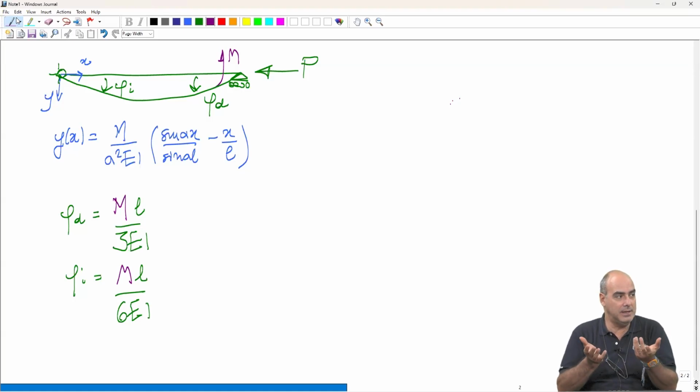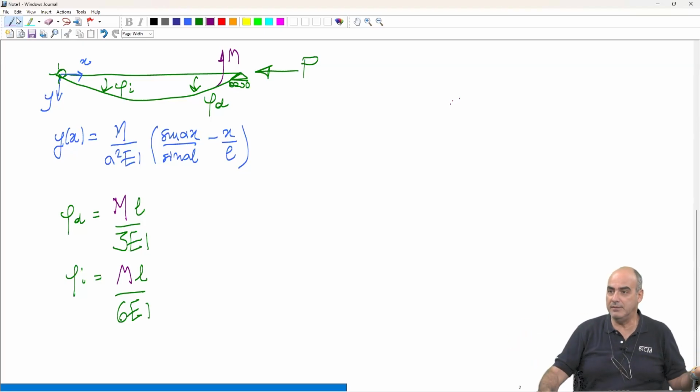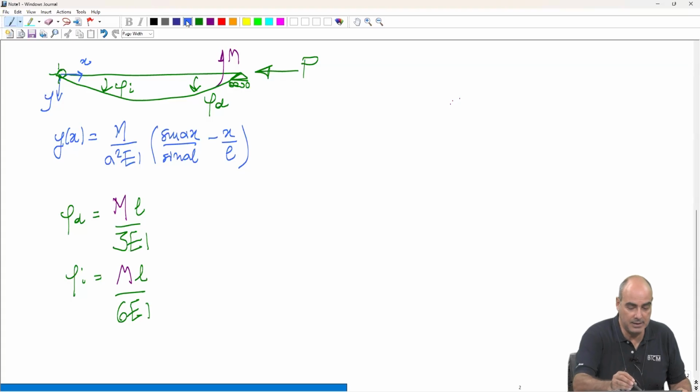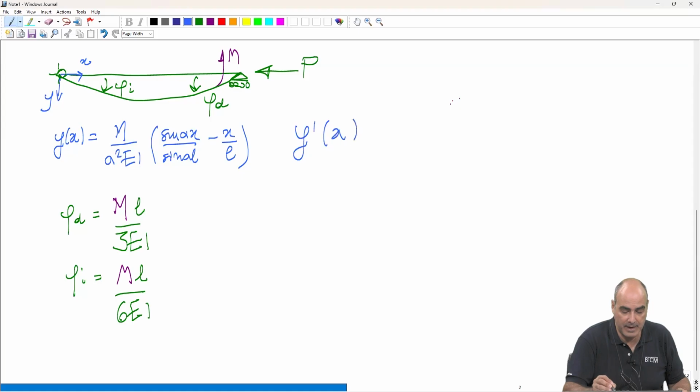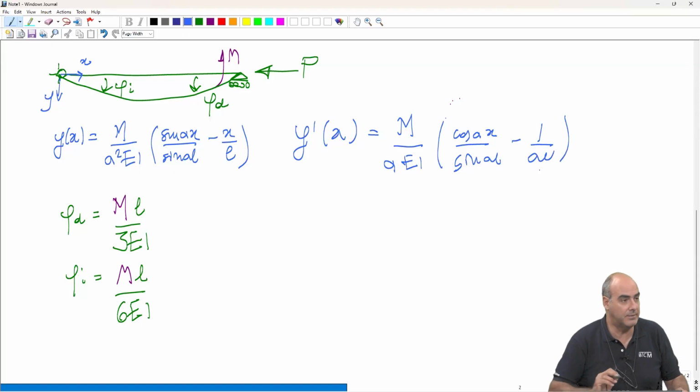If I want to calculate the rotation, what shall I do? Just calculate the derivative, which is y prime of x equals M over alpha EJ, cosine alpha x over sine alpha L, minus 1 over alpha L, after some simplification.